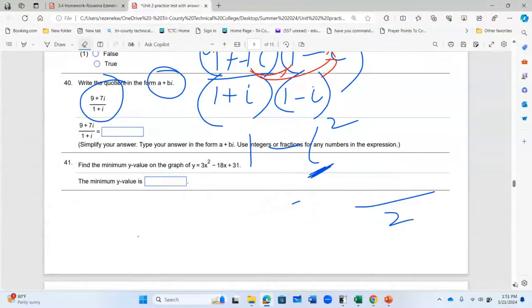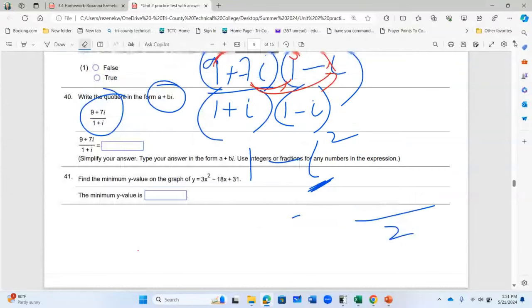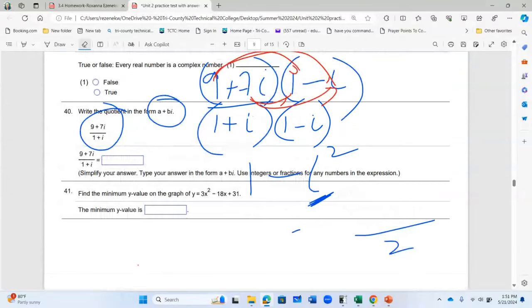All right, so I have 9 multiply 1 is 9. 9 multiply negative i is negative 9i. 7i multiply 1 is 7i, that's plus. 7i multiply negative i is negative 7i squared.